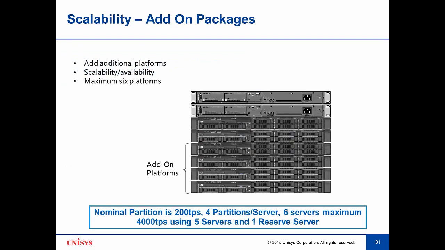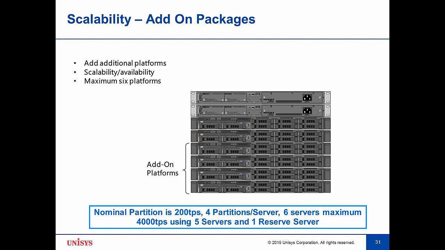So let's look at the maximum capacity of a system. So the base capacity was 2 servers and 2 switches, and you can add 4 additional platforms. Each nominal partition is 200 transactions, and you have 4 transactions per server. So that gives you a maximum gross capacity of 800 transactions for each server if you add the full capacity.